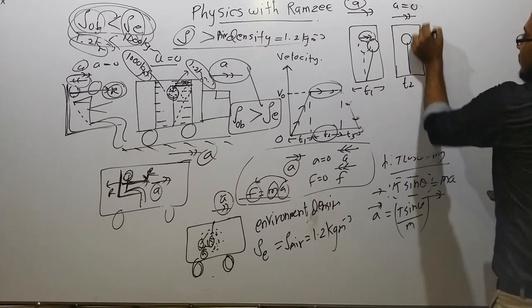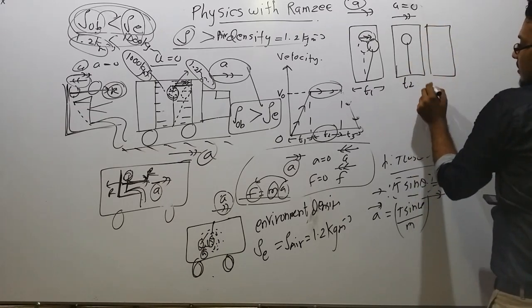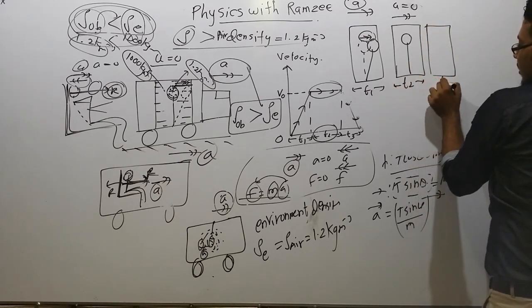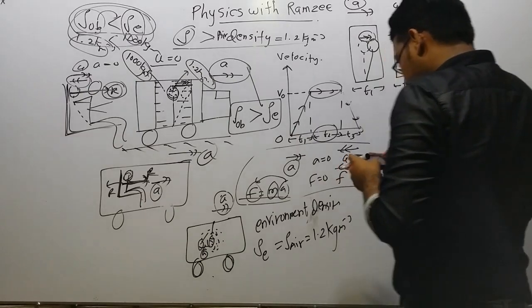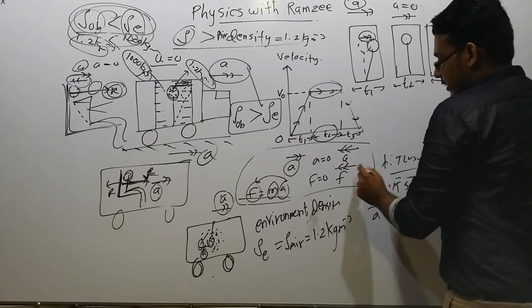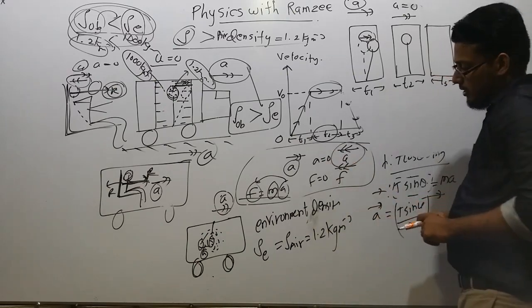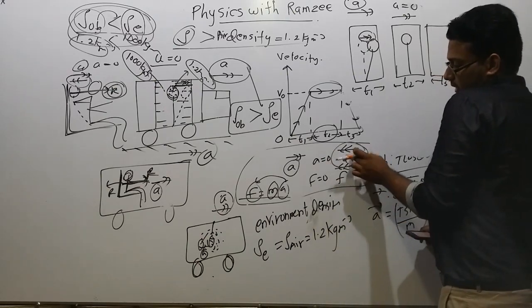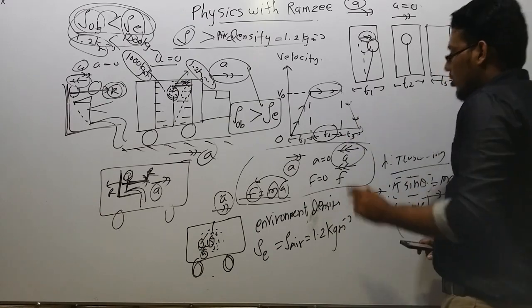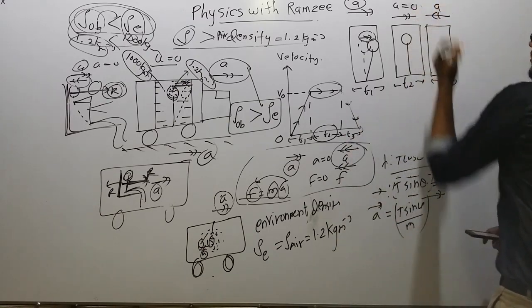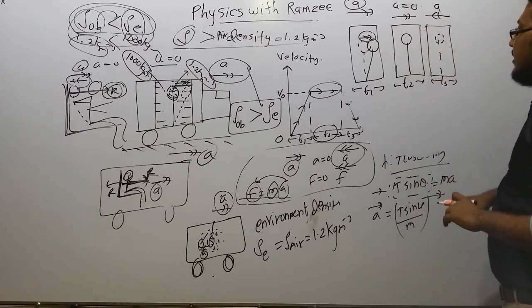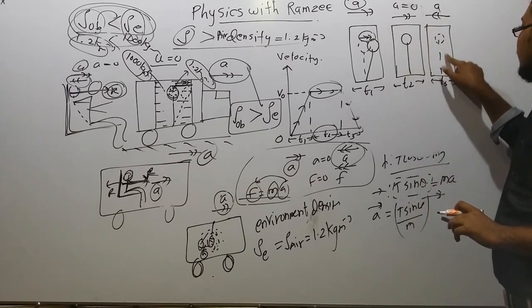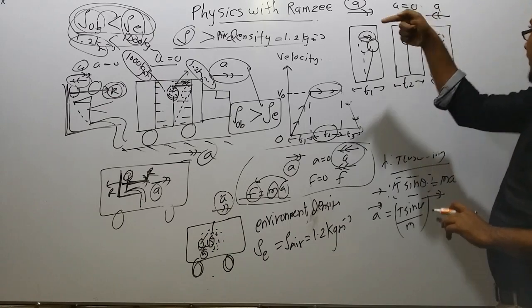And the third one, t3, is the given time duration. Here we have already determined that the acceleration is opposite to the direction the track moves. So here the acceleration direction is like this. It is already in a vertical position, and the acceleration is like this.